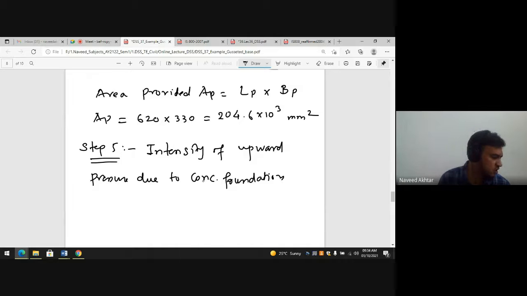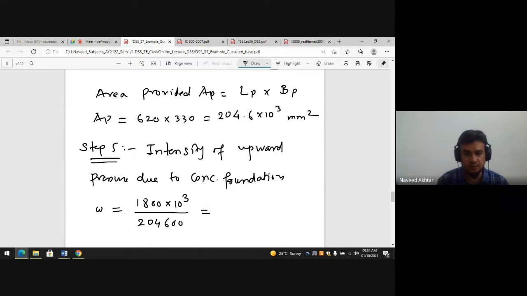So it is equal to, I will write down the small w, the factor load, 1800 into 10 raised to 3, divided by the area provided, which is 204,600. You find out this. So 1800 into 10 raised to 3 divided by 204.6 into 10 raised to 3.